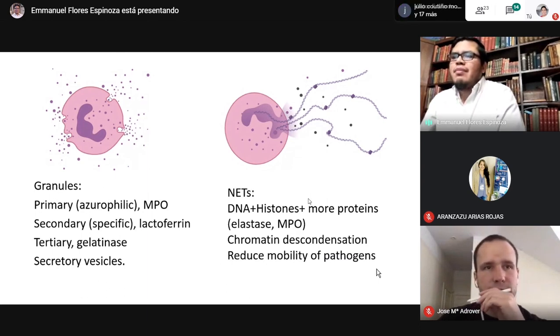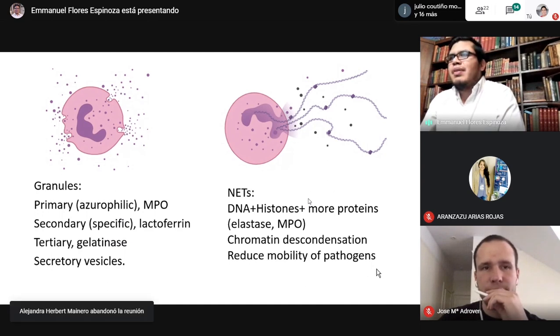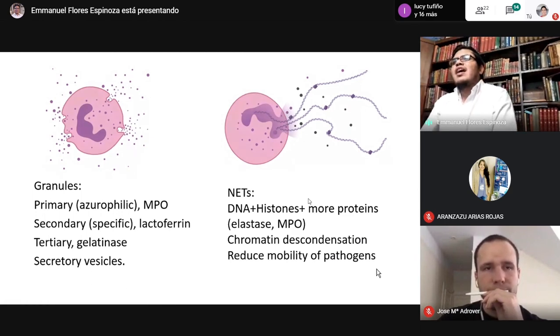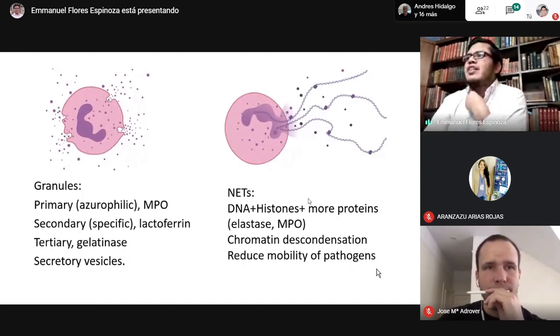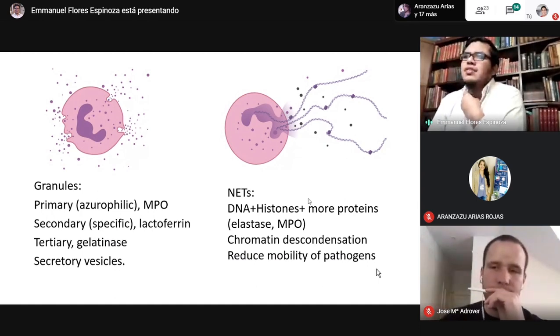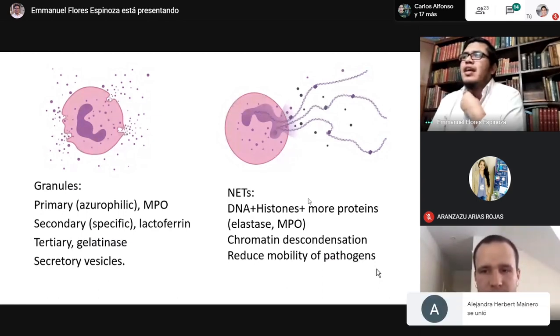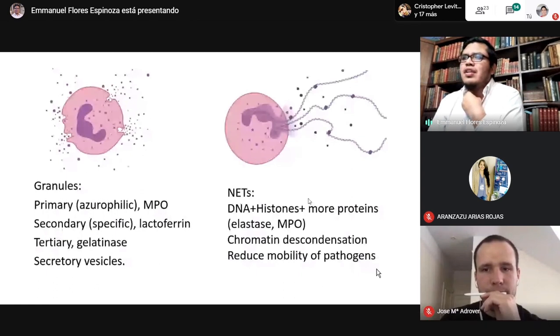And secretory vesicles vary in their content, but all of these granules are vesicles that are released to the exterior and release different cargo that permits killing other pathogens like bacteria, and also induces cytotoxicity.